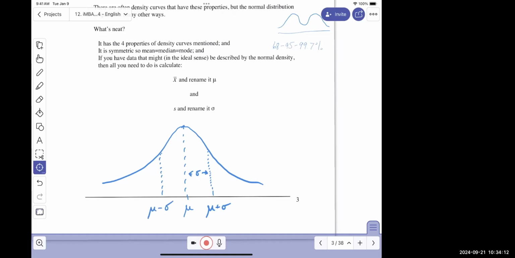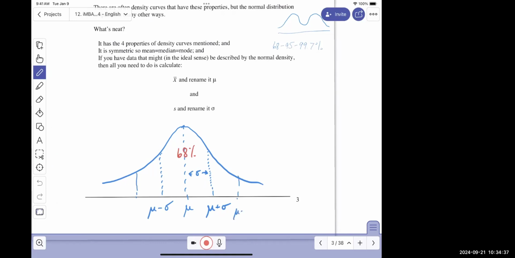So going 1 standard deviation in each direction, this area is most of the data. Most of the data is 68% of the observations in between. Then using the same interval on both sides brings you to 2 standard deviations.